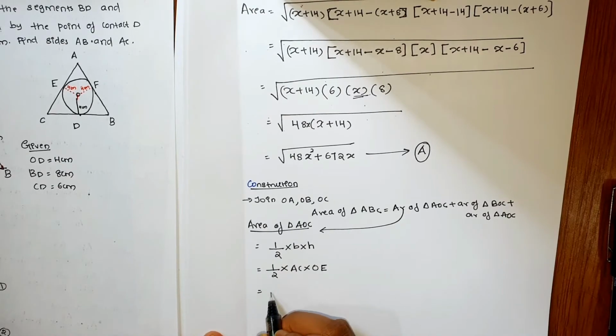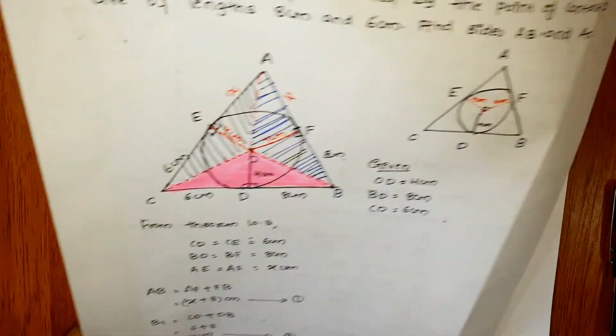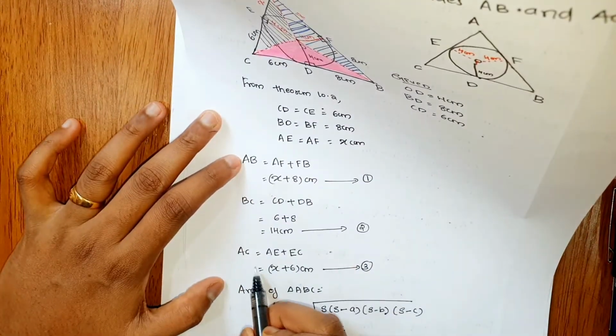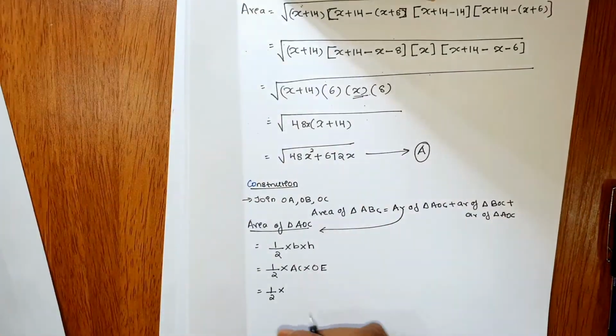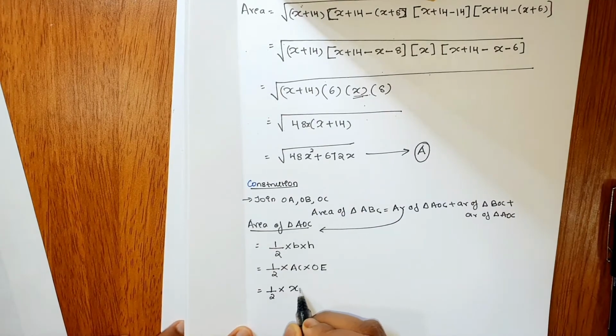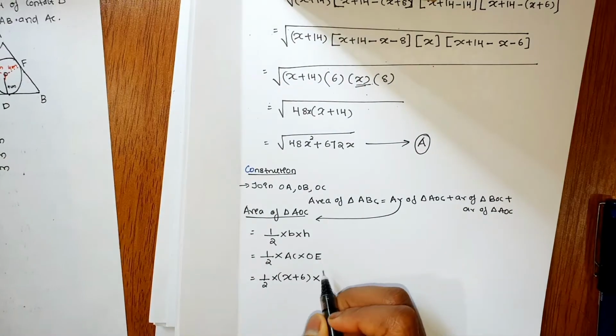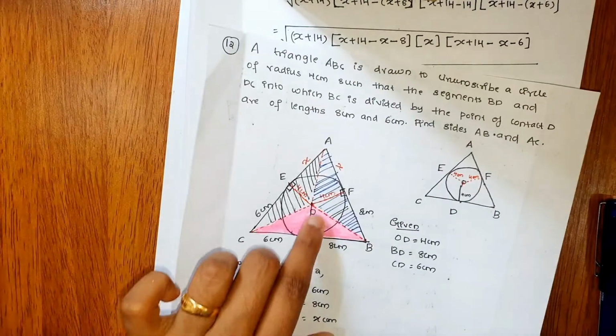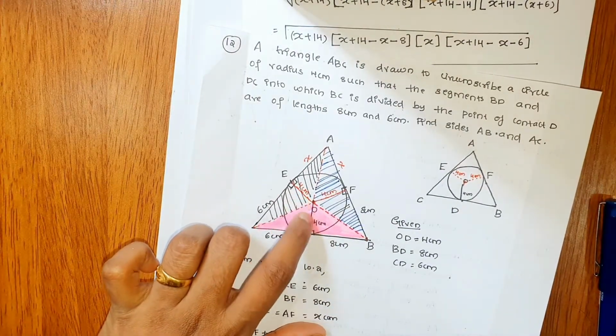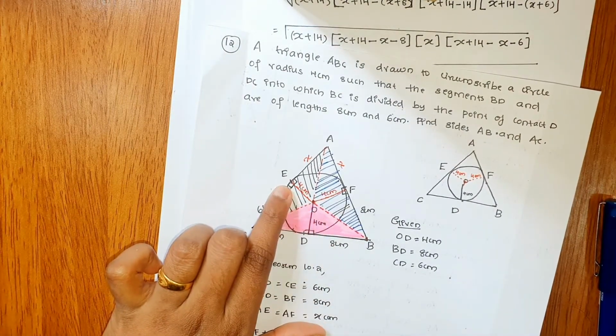So half into, what is AC? We have got here that AC is equal to x plus 6. So I can write x plus 6. And students, what is OE? OE is 4 centimeter. It is given in the question, or it is a radius.